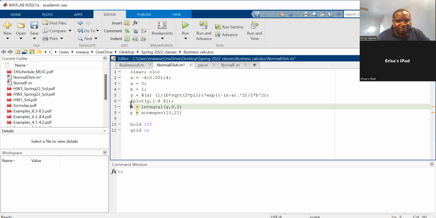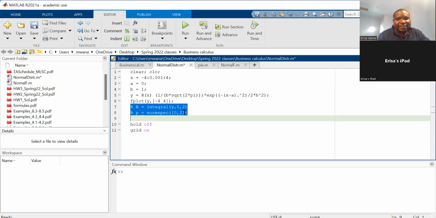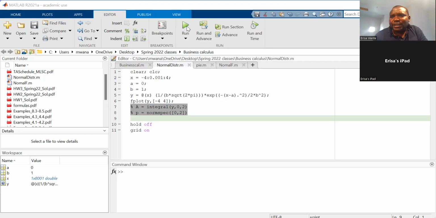Let me begin by commenting out this part, then I'll explain what that is later. I've commented it out, so it will not display. Now, if I go ahead and run this program, let's see what we get. We get this function.